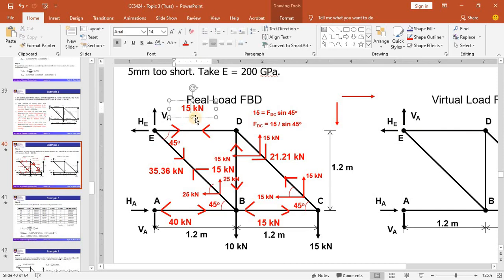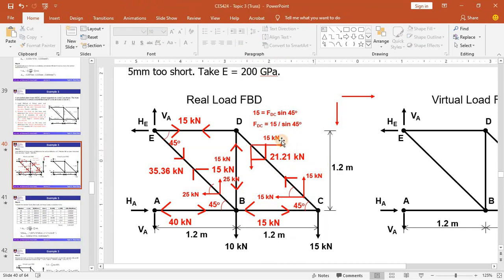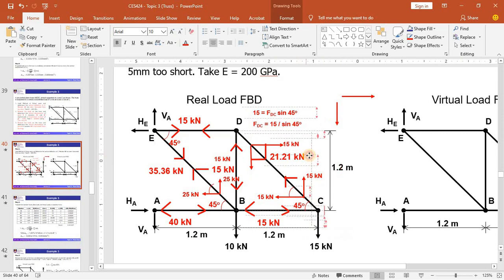Okay, so you can see that I have made a mistake right here. Actually, this arrow is supposed to be to the right, and this must be downwards. So you can see that here is 15 kilonewtons to the right, and this is 15 kilonewtons to the left.